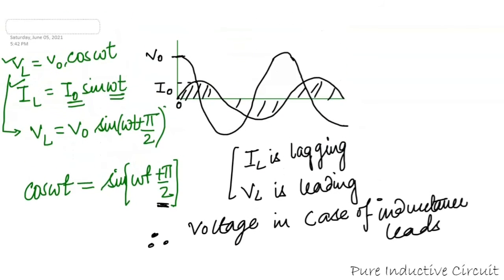Now draw another line. We will draw the phasor diagram of VL. VL we will consider as a vector with magnitude V naught and angle omega t plus pi by 2, because both must be the same function. This is a sine function, so VL should also have a sine function. So it is pi by 2 plus omega t angle with the x axis.